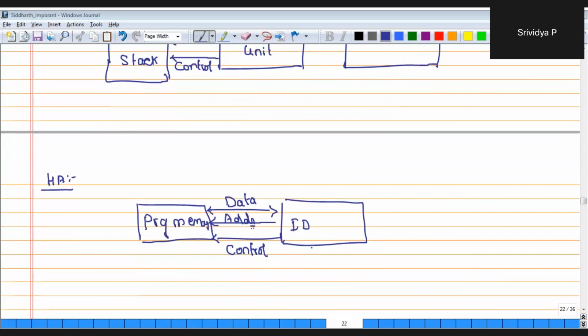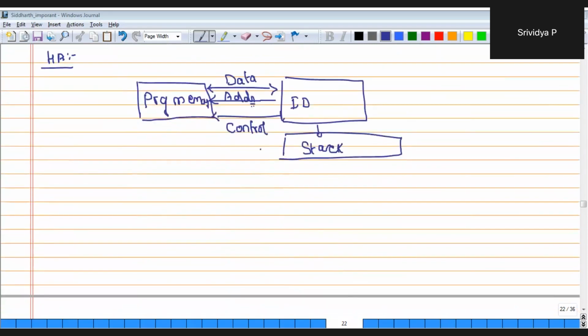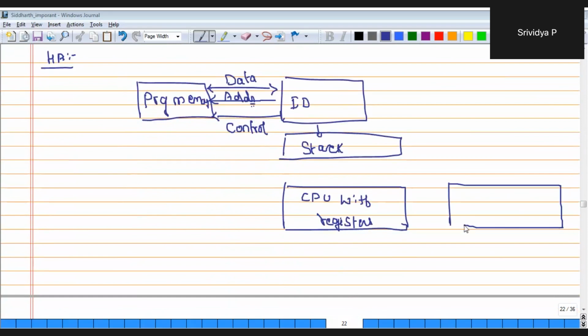The instruction decoder can also interact with the stack, whereas the CPU can fetch the data directly from the data memory. Again, address will be sent from the CPU, data is a bidirectional bus, and control will be sent from the CPU.